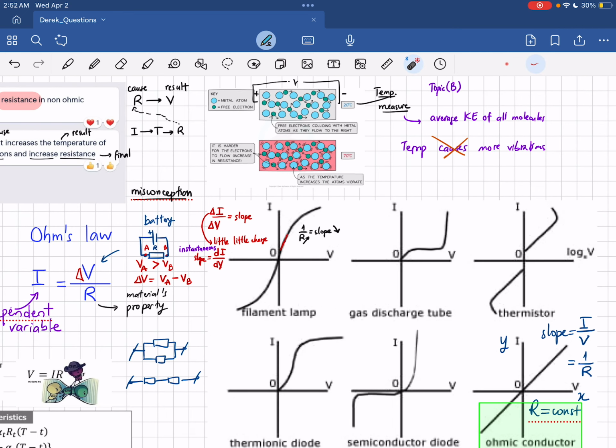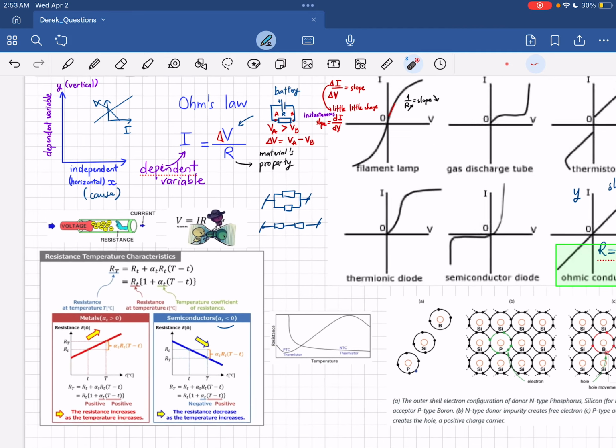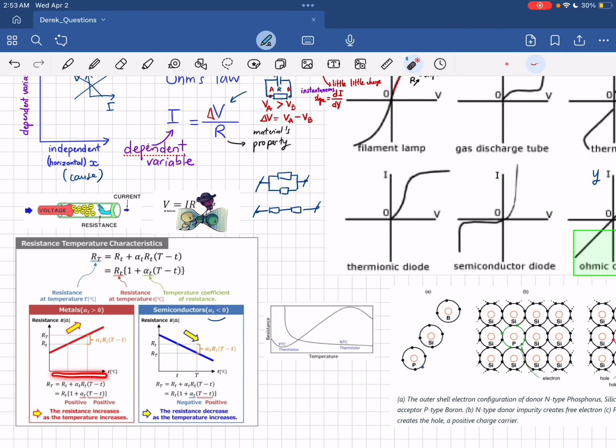Okay, so let's get back to this one. Here we see that at higher temperature, the resistance increases. It makes sense, right? As temperature increases, this one increases as well.